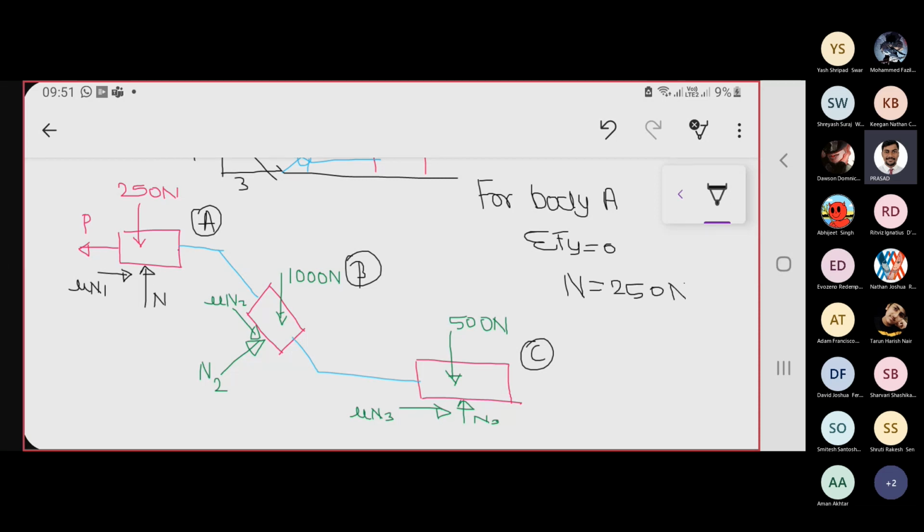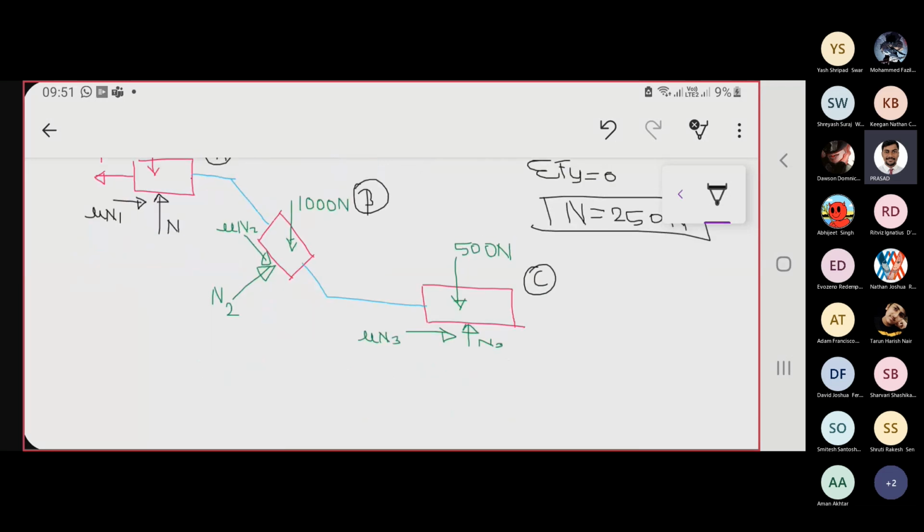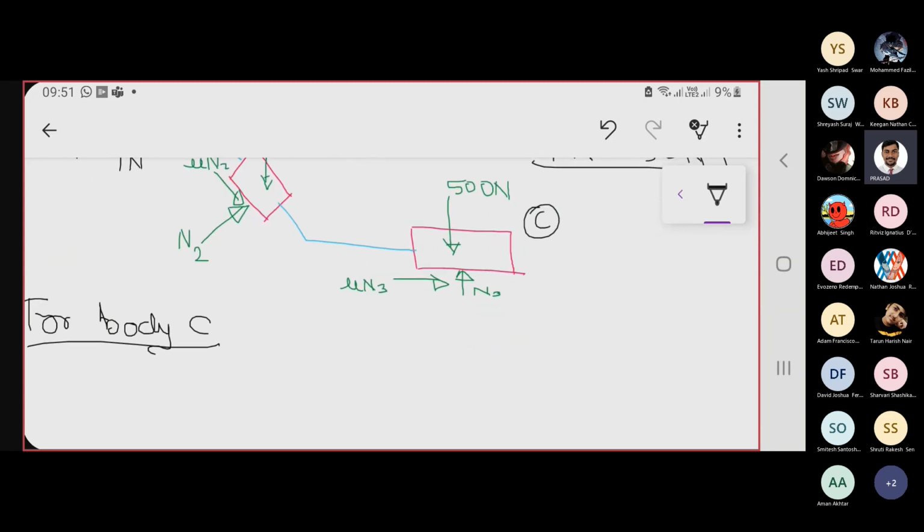There is no other force in the Y direction. Then for body C, N3 is equal to 500 Newton.